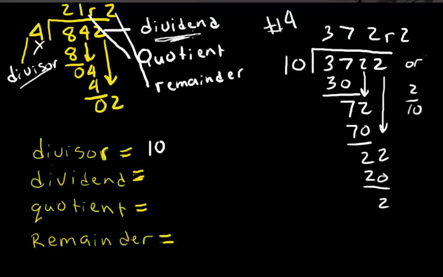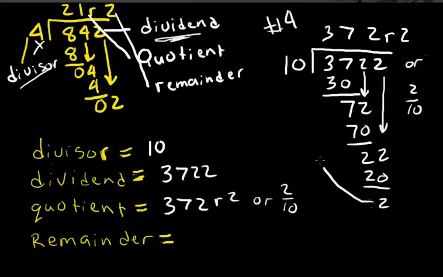The dividend is the number inside of the box that we are dividing. So in this particular case, 3,722 is our dividend. And the quotient, if we look up here, the quotient is the answer to the division problem. In this particular case, it's 372 with a remainder of 2 or 2/10, right? Because we get that 2/10 from here. It's 2 out of 10, so 2/10.